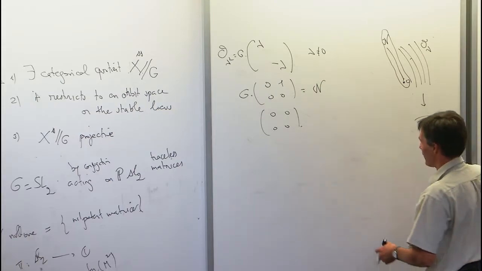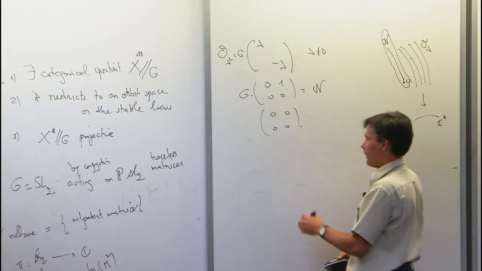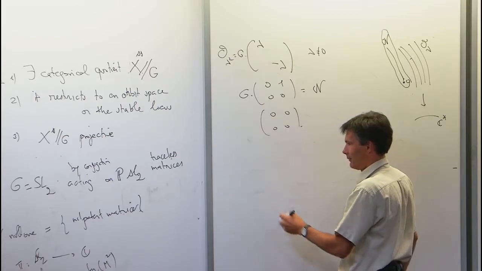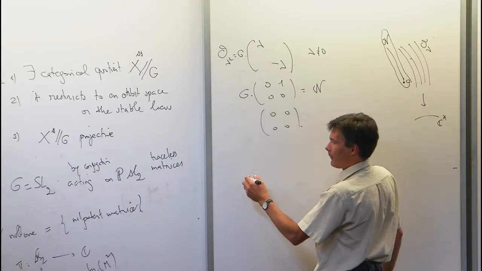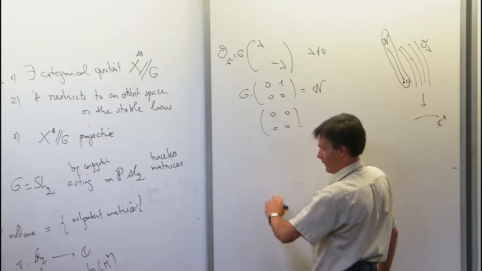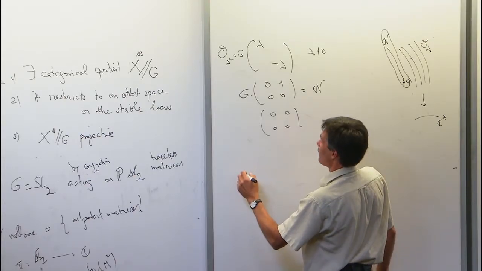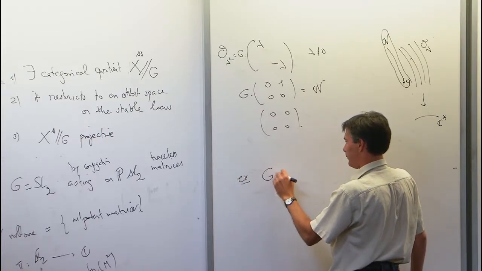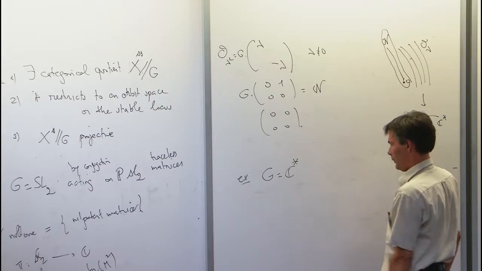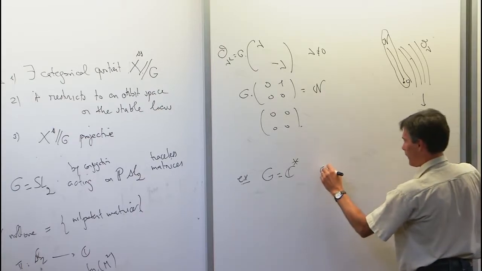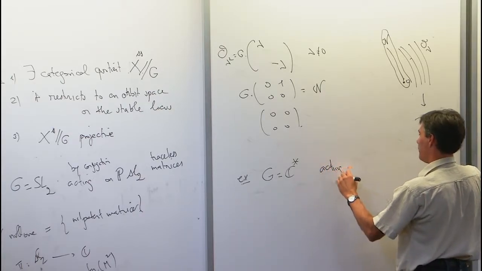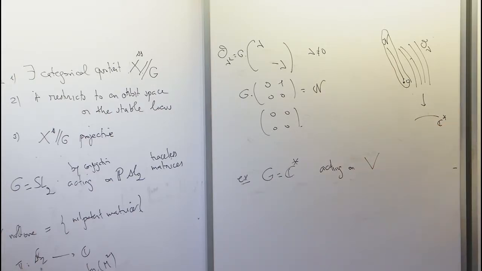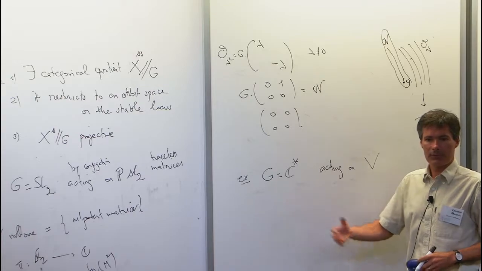So I wanted to give the example of binary forms briefly. Very briefly, to answer the questions, start with C star acting on V. In this case we know that the action can be diagonalized.